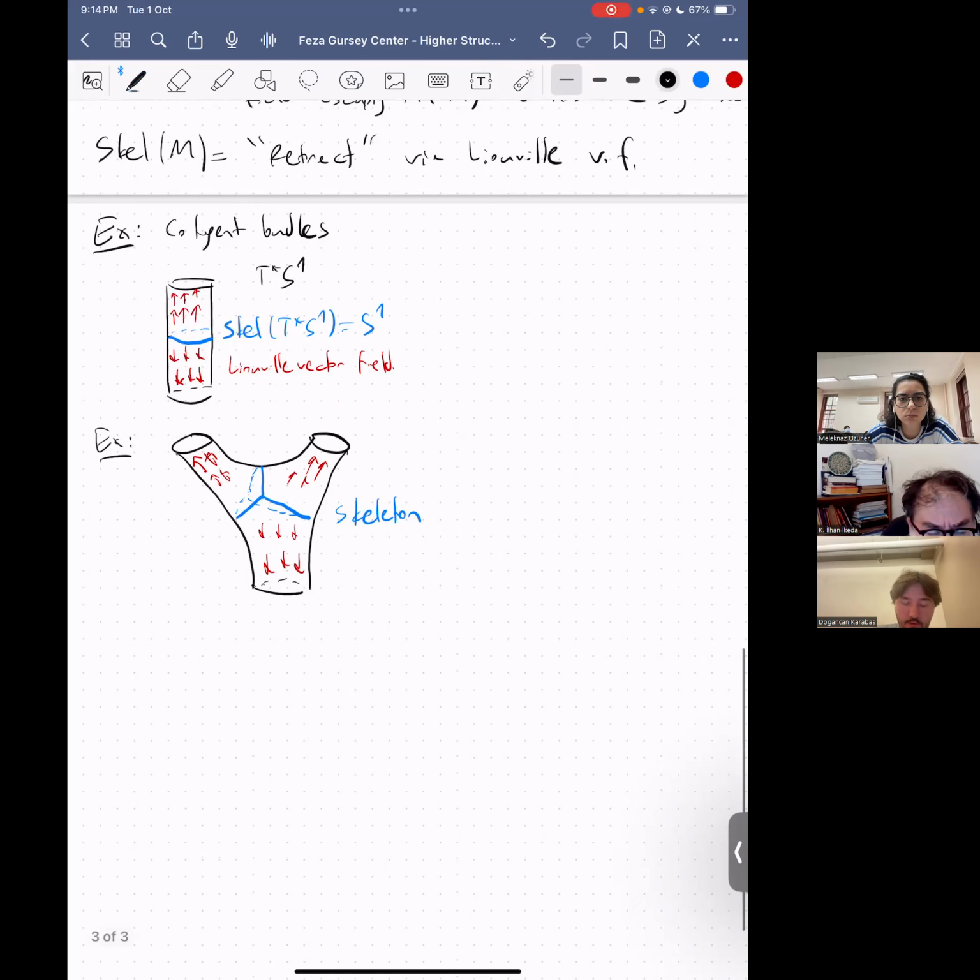Other examples are Stein manifolds, smooth affine varieties.